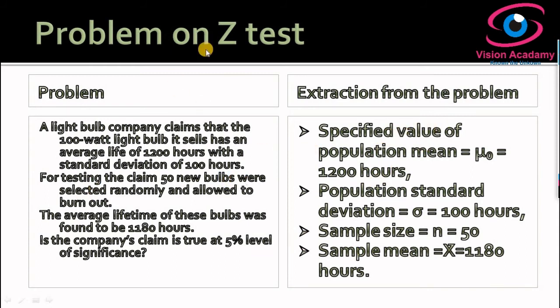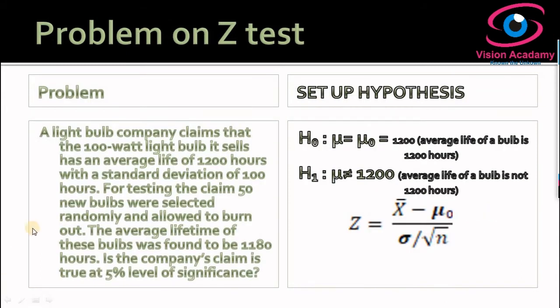So before that, if you look at the steps that are followed to test the hypothesis, firstly we need to formulate a null and alternative hypothesis. In this example, the population parameter being tested is the population mean, that's the average life of bulbs. Here the average life of bulbs is mu.